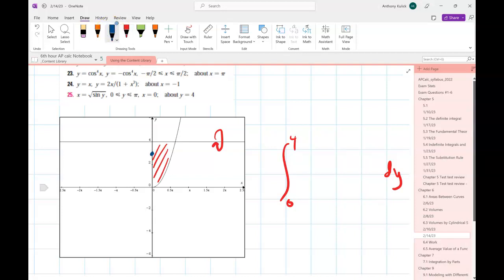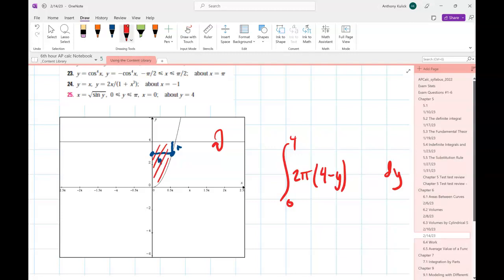So if I pick some arbitrary x, that's like the height, and that's like the radius. So that radius should be 4. I had sine inverse of x squared, or in terms of y.